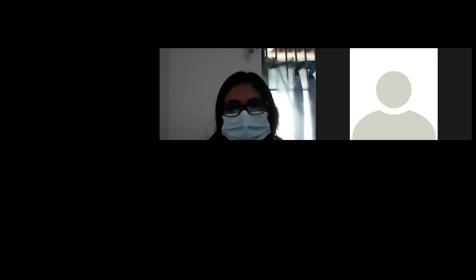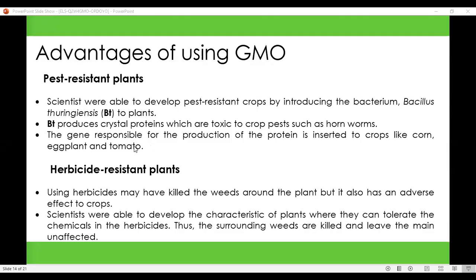But you need to remember that these kinds of crops easily rot, and they are also easily infested by pests. So that is the reason why the BT gene responsible for crystal protein is inserted into corn, eggplant, and tomato. Because of the gene inserted into these crops, they are not easily infested or will no longer be infested by pests.